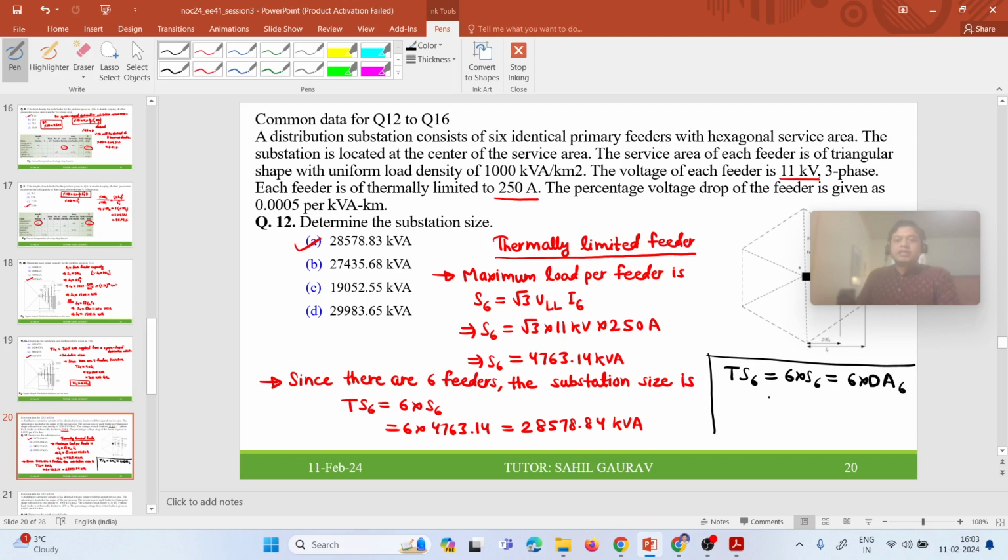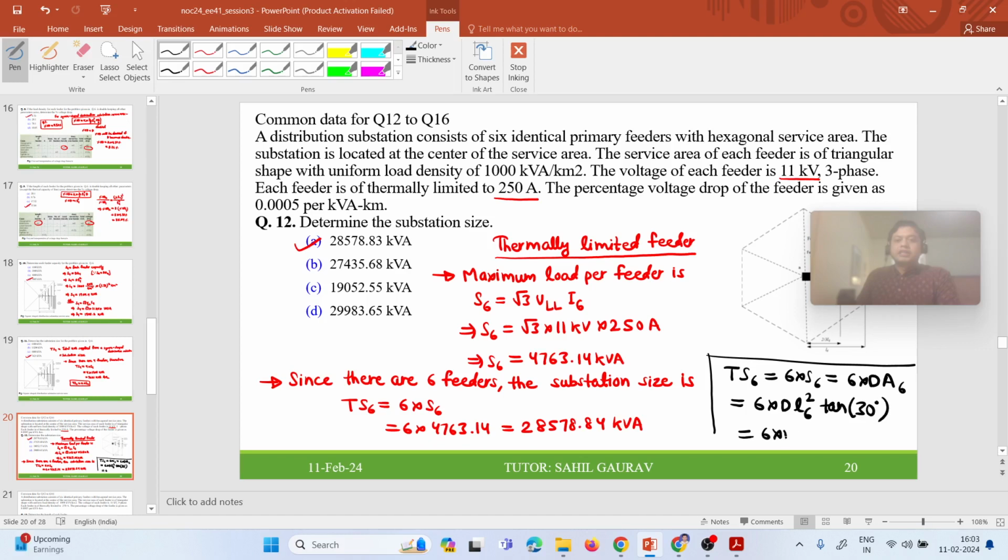How can we write A6? It is L6 square and tan theta. And we know that if there are 6 feeders, tan theta is tan 30.